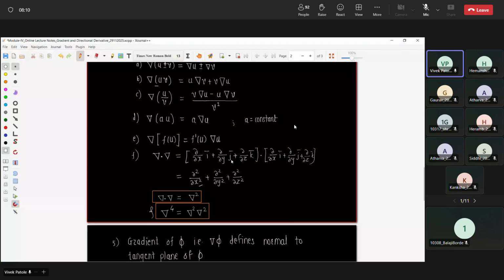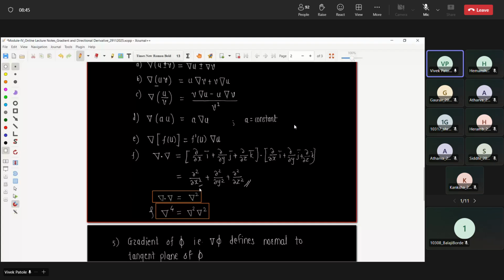Then ∂/∂y of ∂/∂y gives ∂²/∂y², similarly plus ∂²/∂z². This particular term will be represented as del square: ∂²/∂x² plus ∂²/∂y² plus ∂²/∂z² is represented by del square.